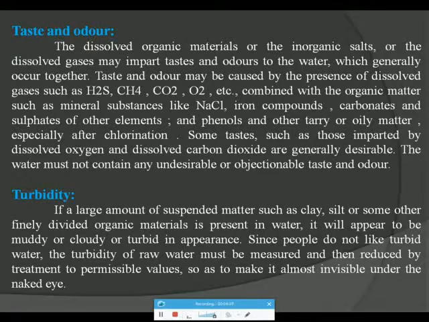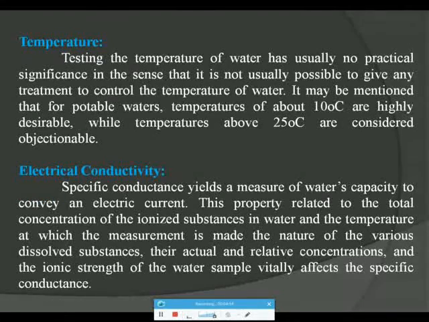Turbidity. A large amount of suspended matter such as clay, silt or some other finely divided organic materials is present in water. Temperature. Testing the temperature of water has usually no practical significance.